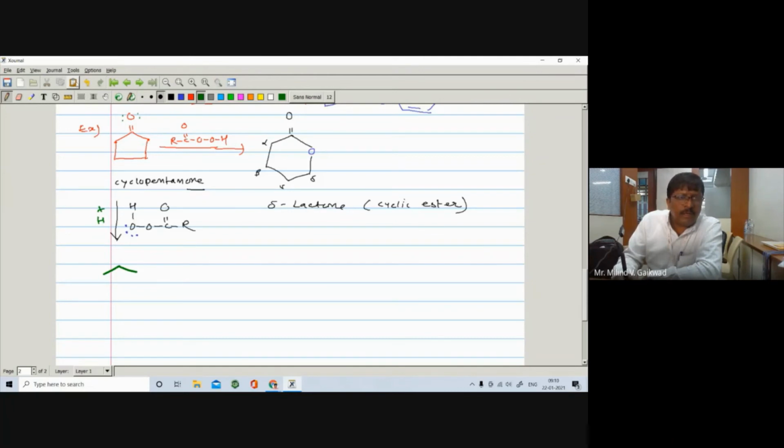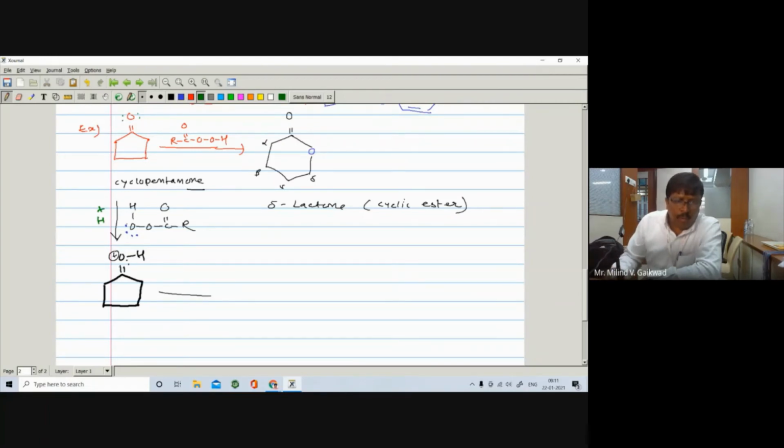Here is a carbonyl compound, and you have a double bond. Here is O, here is H, and one of the lone pairs is involved in the formation of a bond. That's why oxygen carries a positive charge. In the next step, this oxygen will form a bond with this carbon.